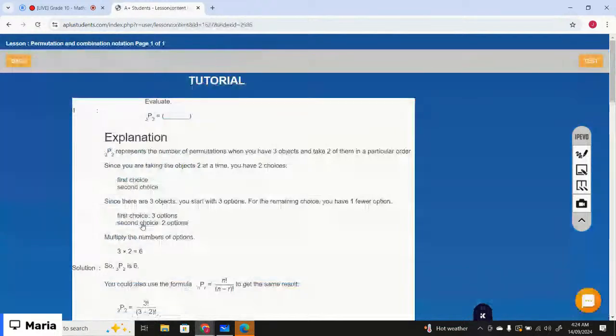Evaluate 3P2. Whenever you have the P, it represents permutations, right? 3P2 means you have three objects and take two of them in a particular order.